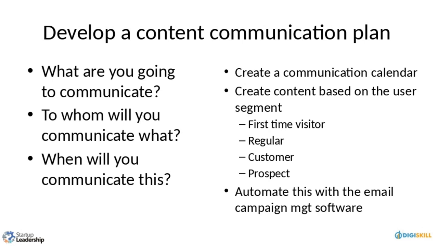So you need to create a communication calendar, create content based on the user segment, whether it's a first-time visitor, a regular visitor, customer, prospect, trial user, whatever it is. You need to segment this database and create communication for the person that you're communicating to. And of course, automate this with an email campaign management software.